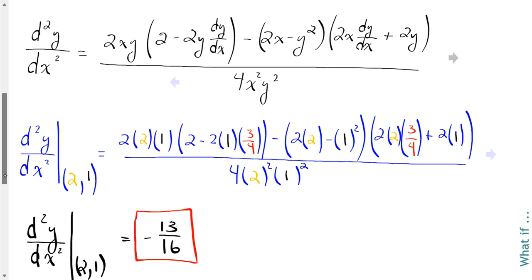What's the what if? You explained the last bracket on the top. The last bracket on the top.